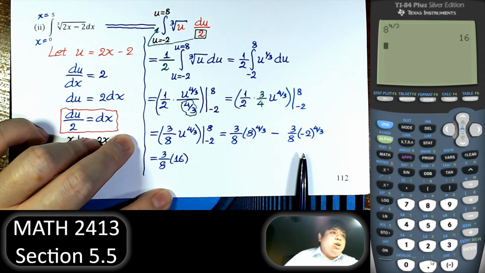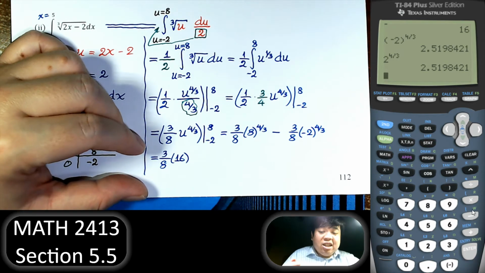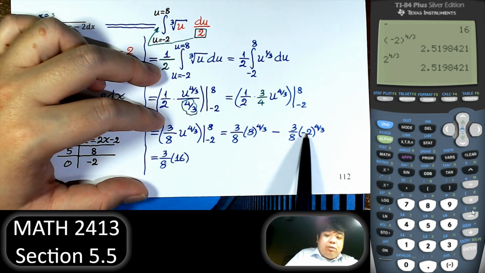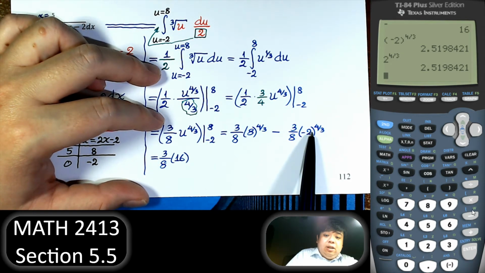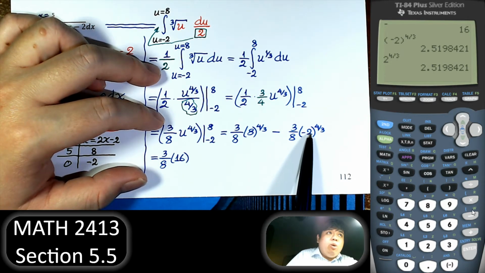What is -2 to the 4/3? Too bad, that's all we have. It's going to be positive, right? Which is the same as 2 to the 4/3. So it's not going to be anything nice and even, but we know for sure -2 to the 4/3 is just the same as 2 to the 4/3, because of the 4.